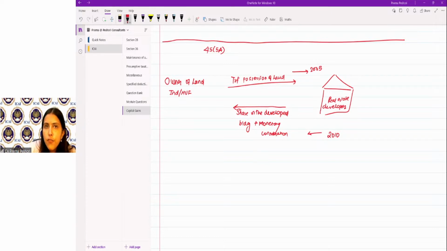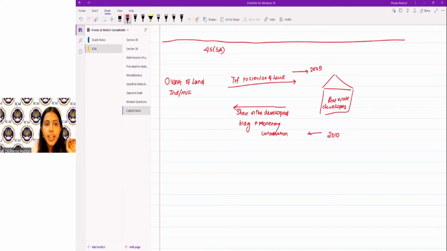So what does 45(5)(a) say? 45(5)(a) provides that in case there is a joint development, here the owner is the landowner only, but he gives the possession to the builder.